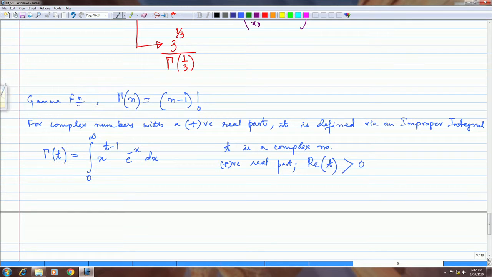Okay, and the gamma function is basically defined for all complex numbers except negative integers.